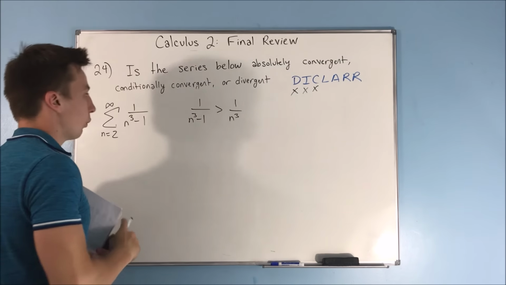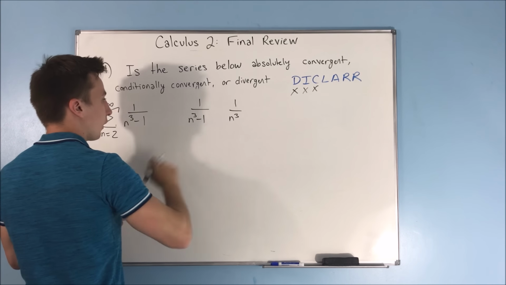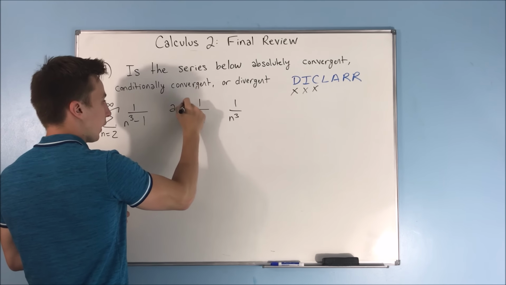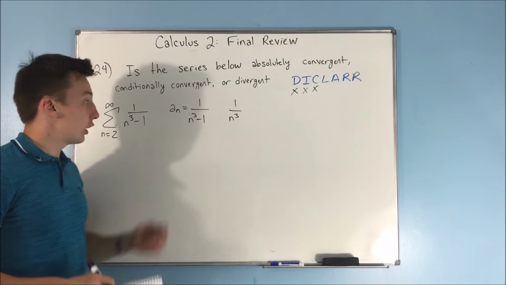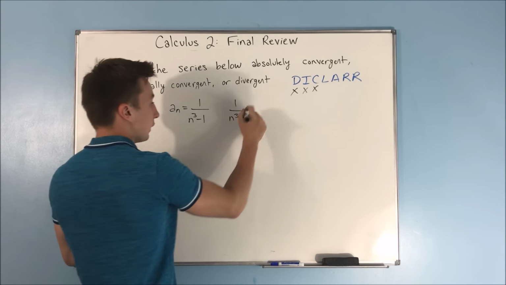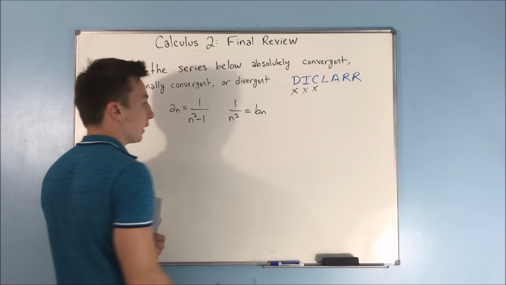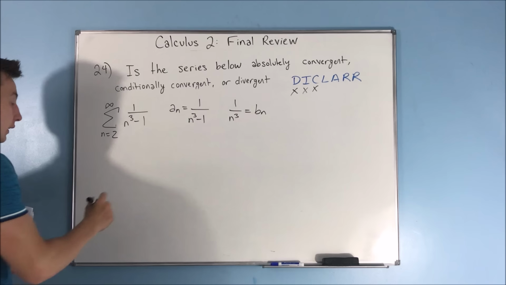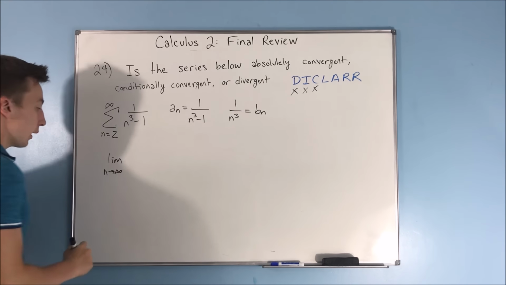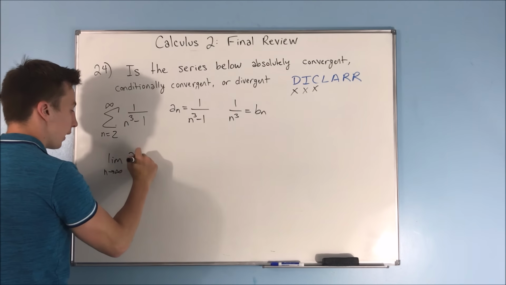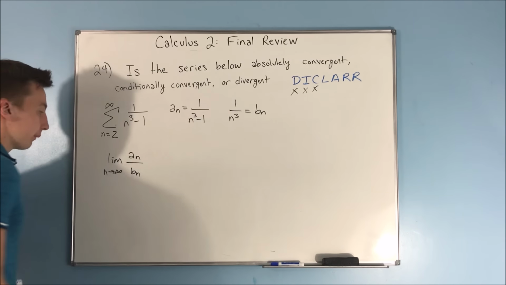Okay? So basically, our series is the a sub n, the 1 over n cubed minus 1. And the compared series is b sub n. And what the limit comparison test is telling us is that we need to take the limit as n approaches infinity of a sub n over b sub n. Okay, that's the first step.